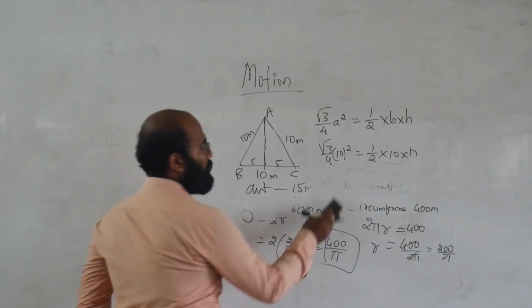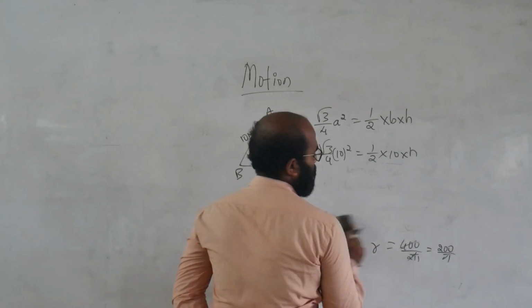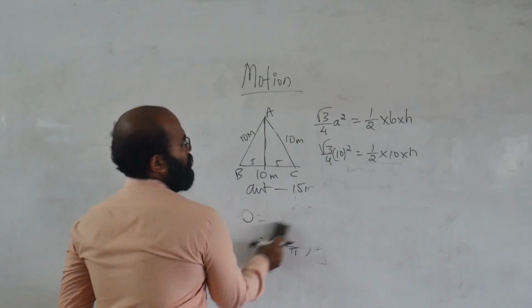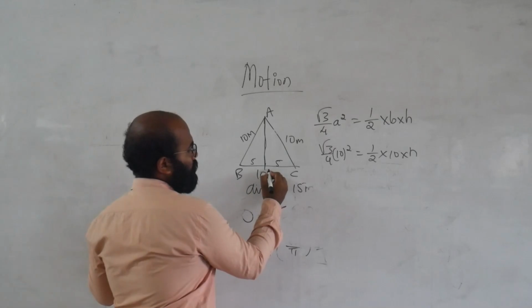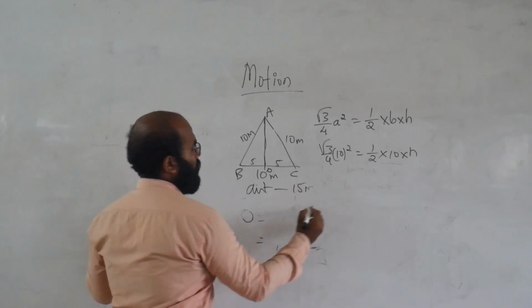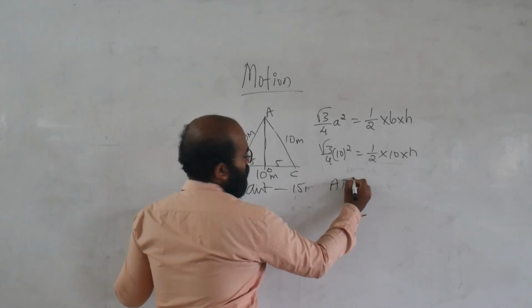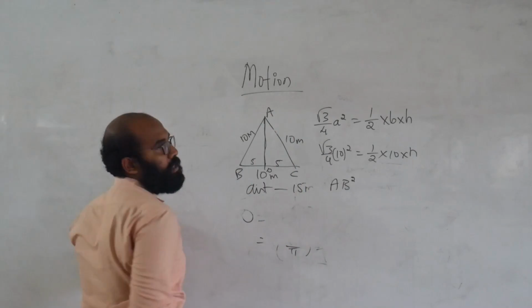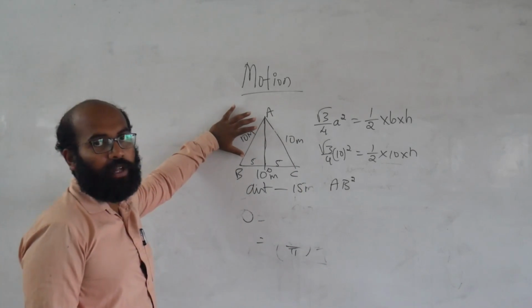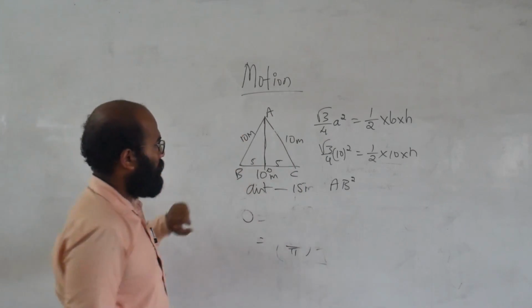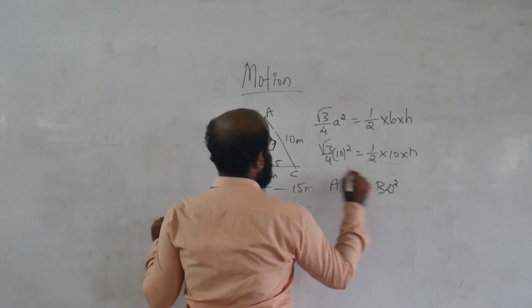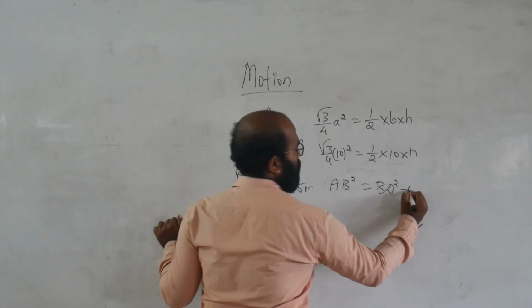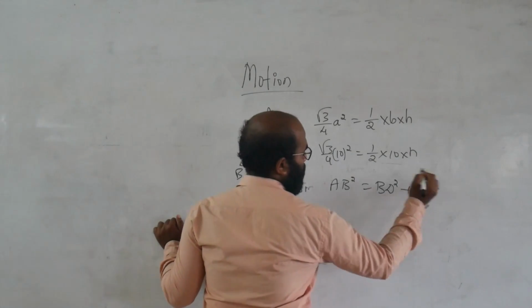One more method is using the Pythagoras theorem. If we use the Pythagoras theorem, if you consider this to be D, then AB square, this is the hypotenuse, AB square is equal to BD square plus AD square.